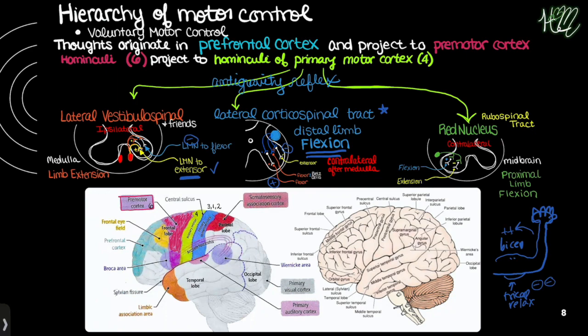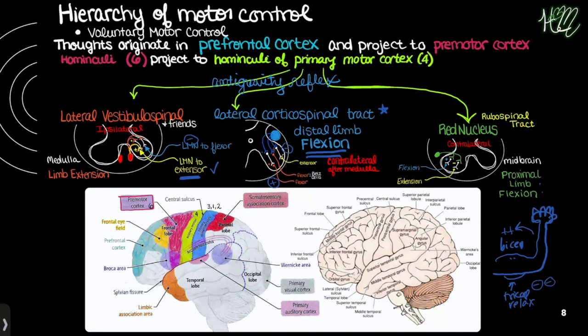This is primarily a contralateral response. But again, it can be ipsilateral. We talked about this, right? So want to talk about the last one here, which is the red nucleus, which is primarily a contralateral response. This one, again, is helping to stimulate further limb flexion of our proximal muscles.